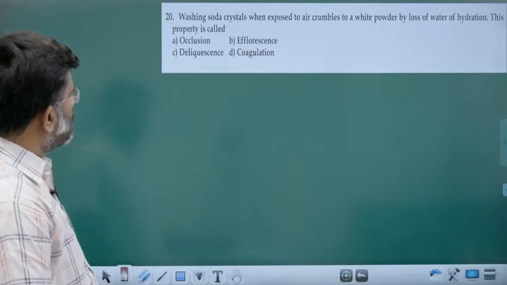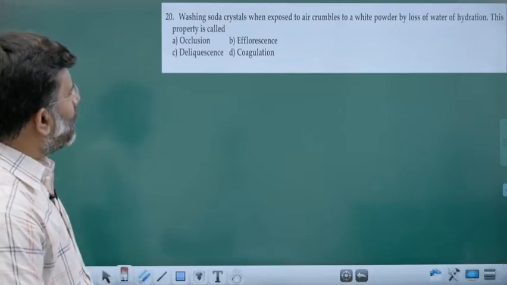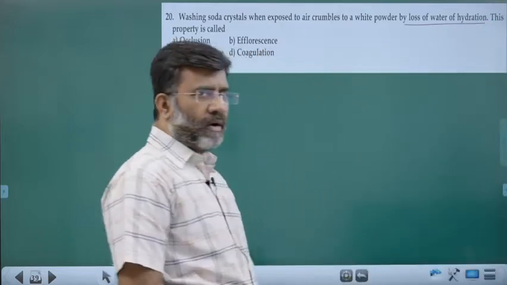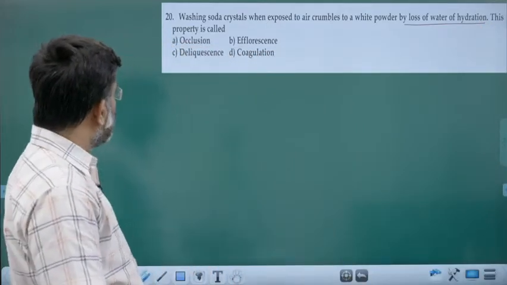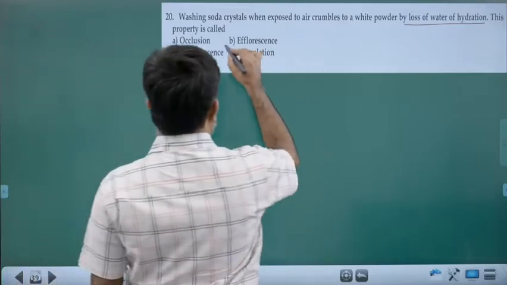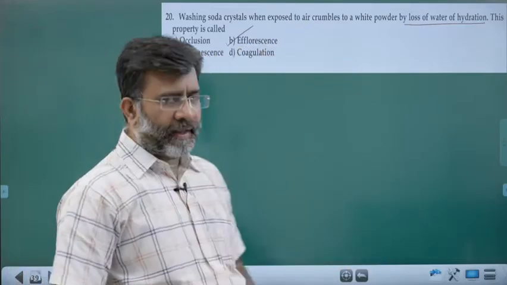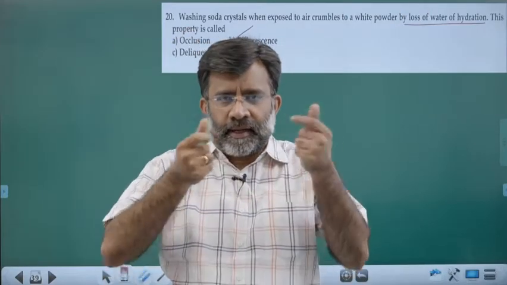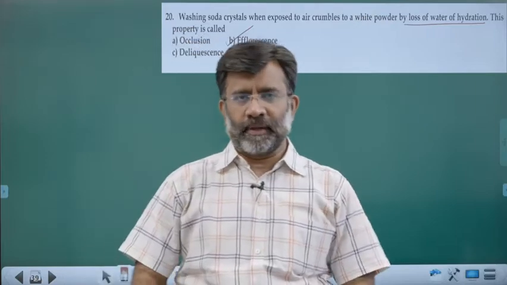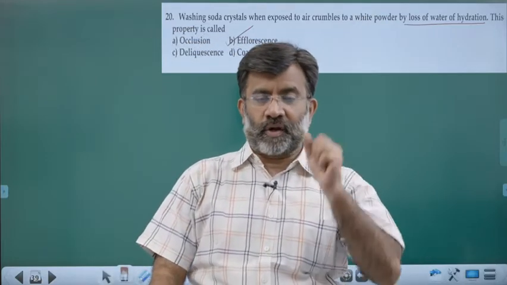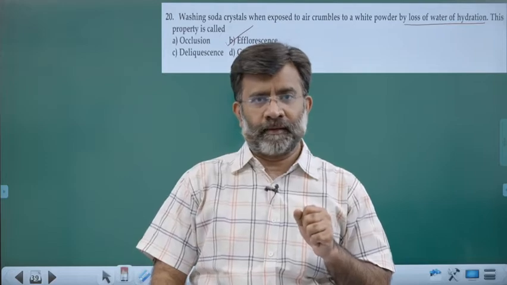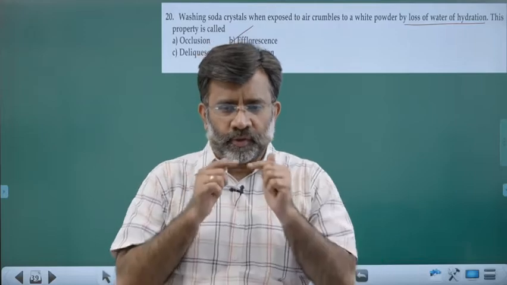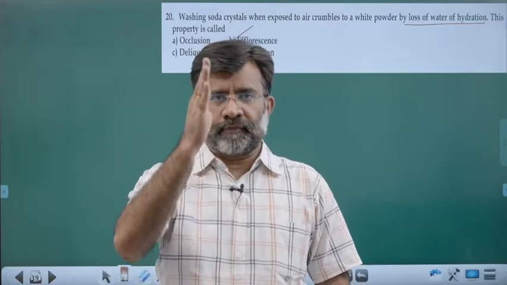Washing soda crystals, when exposed to air, crumble to a white powder by loss of water. Absorbing of water is called deliquescent. Losing of water is called efflorescence. A hydrated crystal losing water molecules. It depends on the aqueous tension of the air also. So according to the character of the atmosphere, if you have a hydrated crystal which loses water, it is called efflorescence.